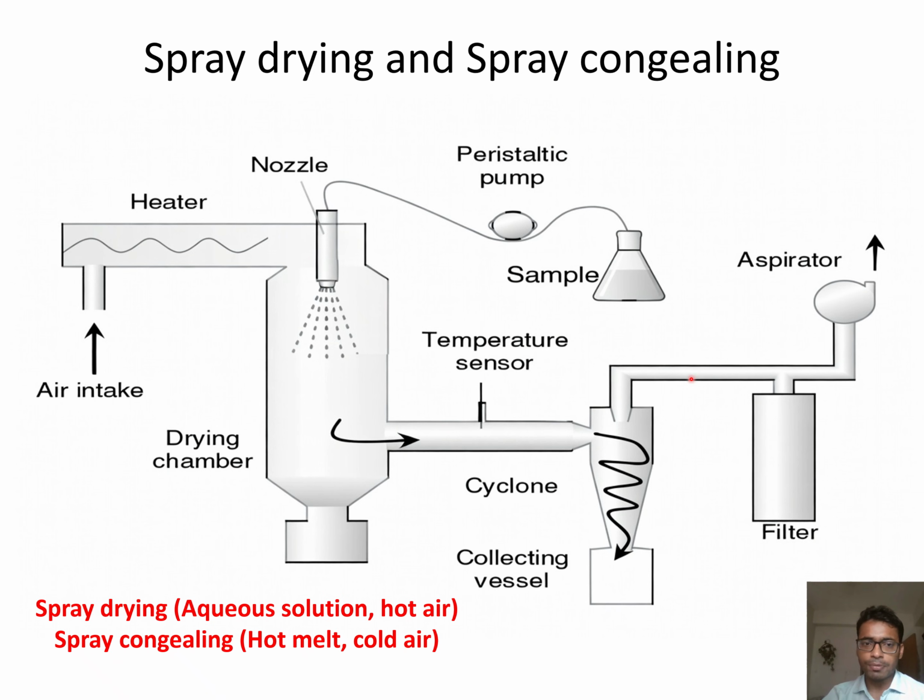So the overall process shown here is spray drying, but if you remove the heater and provide a hot melt instead of an aqueous solution, then this process would be spray congealing, and the other figures and procedures are the same, nothing is different.